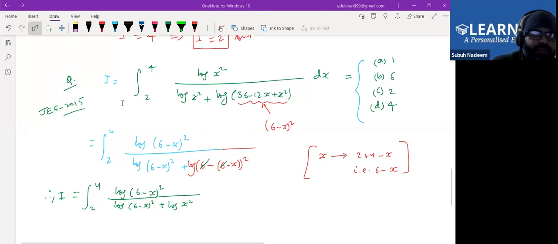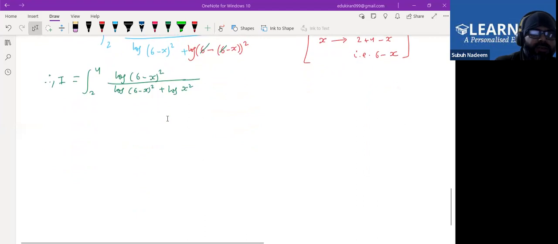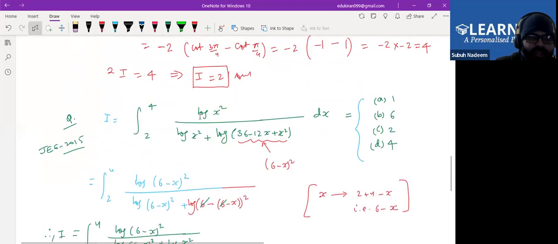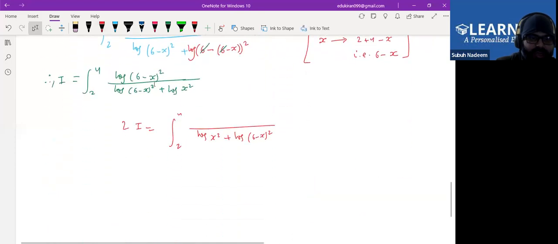So what will happen if you add both the I? Here again you have 2I, from 2 to 4. The LCM is the same, log of x square plus log of 6 minus x whole square. In the first one, the numerator is log x square, and in the next one it is log of 6 minus x whole square.